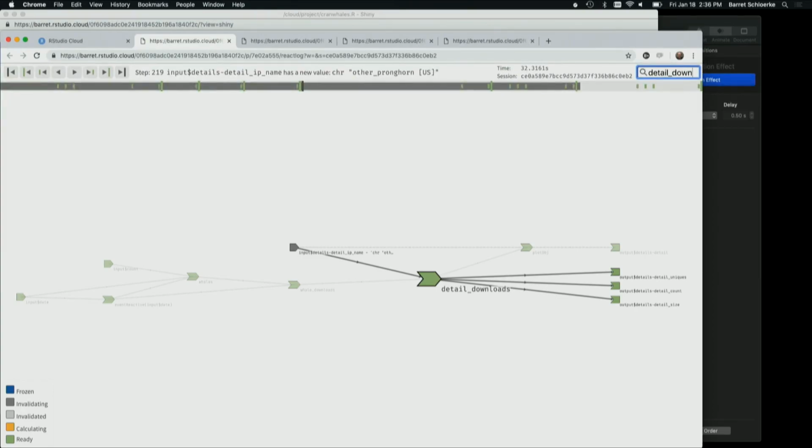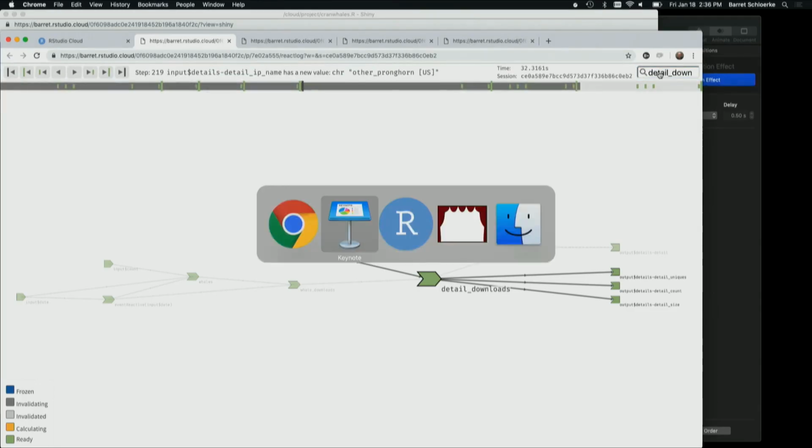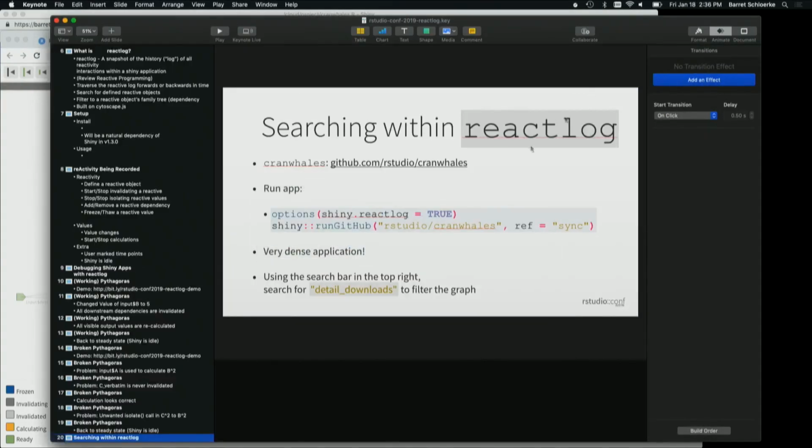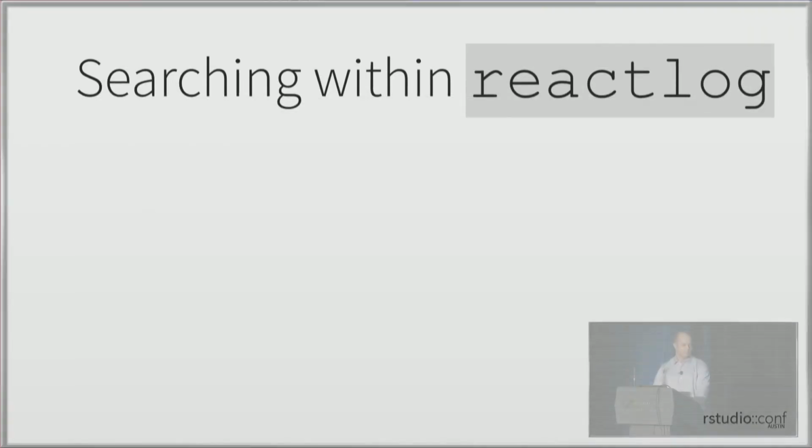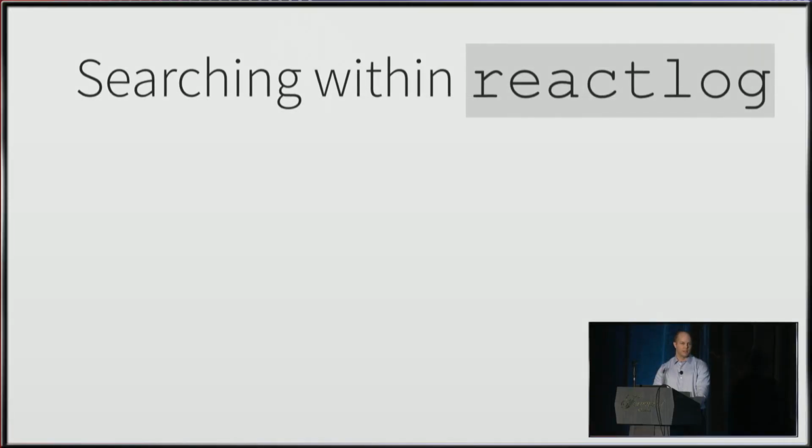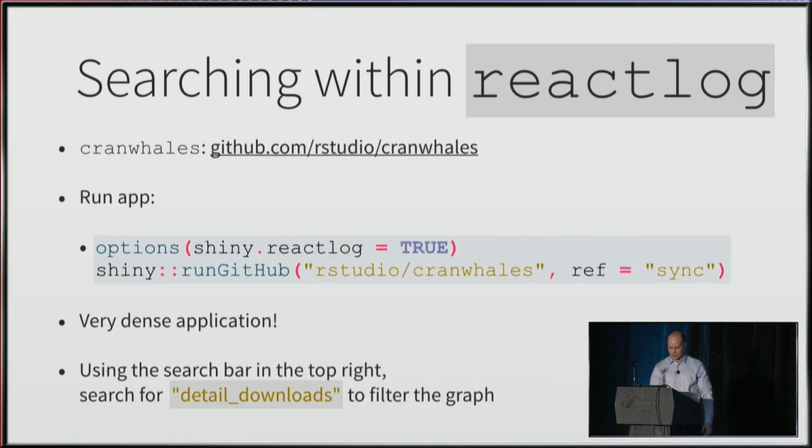Even if you have 2,000 reactives, you're not going to be overloaded. I've experienced one app that has over 2,000 reactive elements on start. And it's open source, so it's great to test against. Works great. So we run our app very dense.